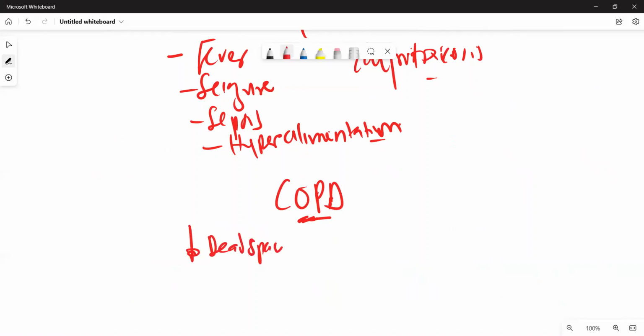You have to look at your patient's physiology and see what they are doing, right? It could be because of the airway, because of the bronchospasm, or the reduction in the radial traction, leading to premature closure of the airway, leading to increase in dead space, right?